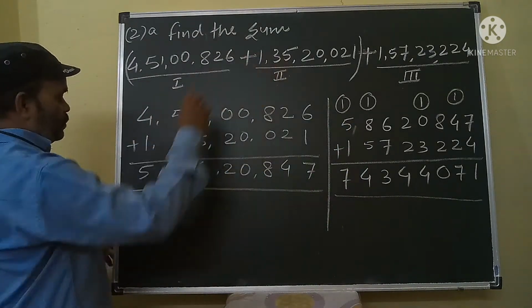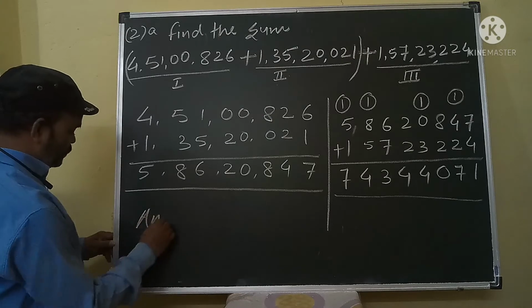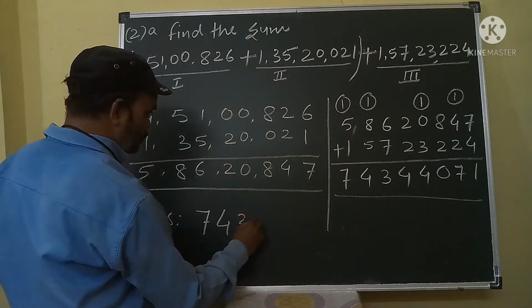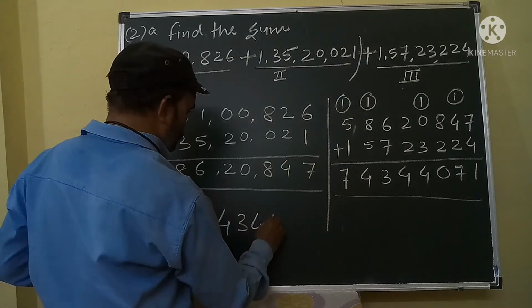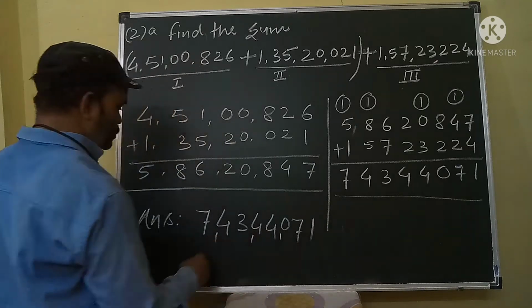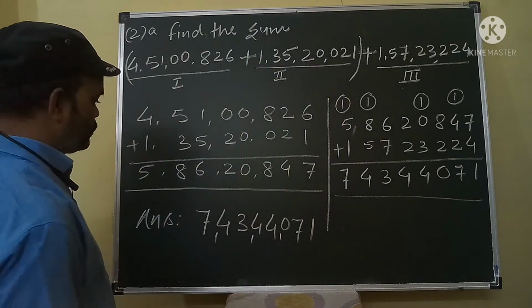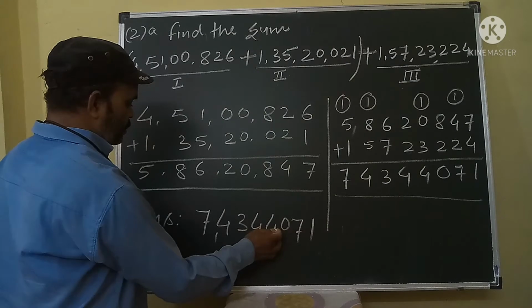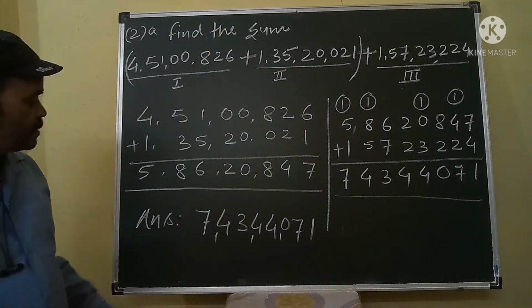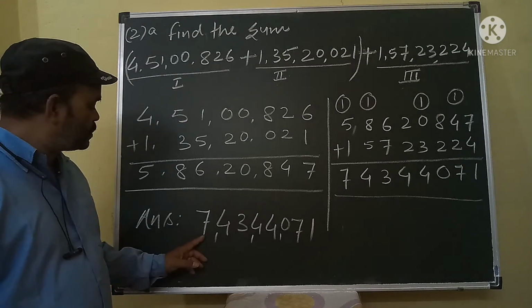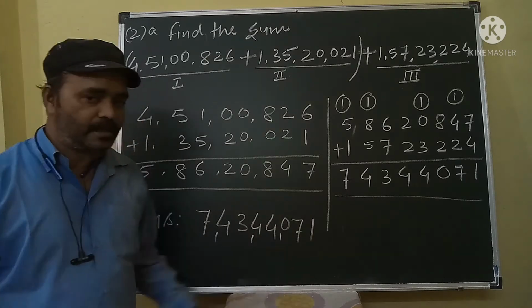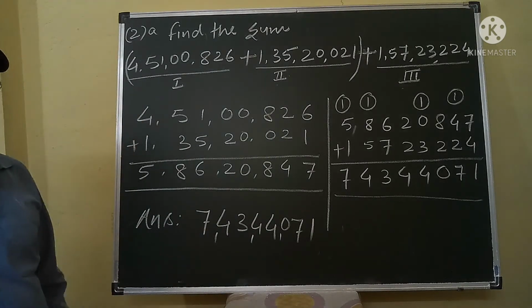So for this question your answer is: ones, tens, hundred, thousand, 10,000, lakh, 10 lakh, crores. Your required answer is 7 crores 43 lakh 44,071. This is your required answer.